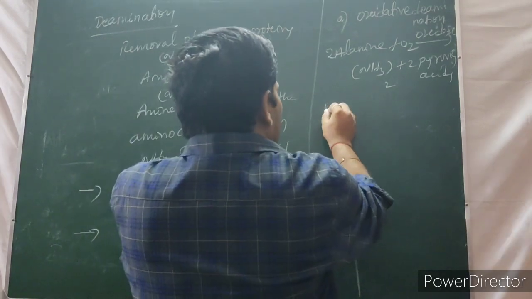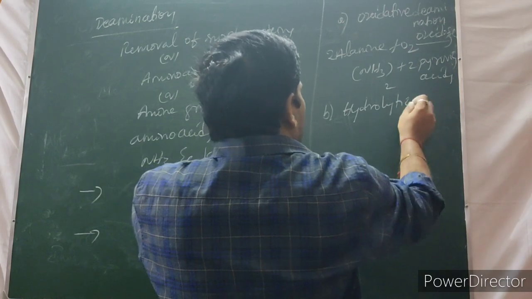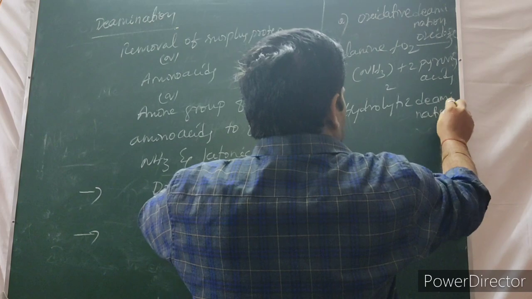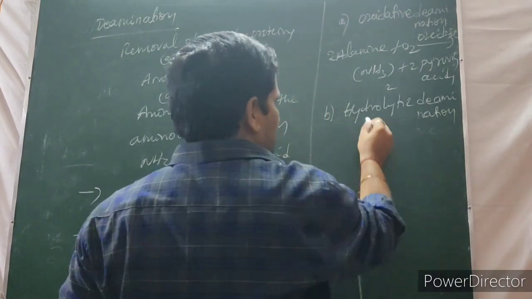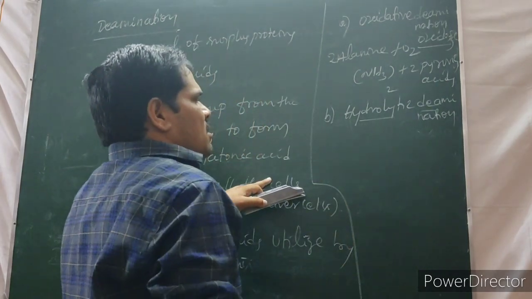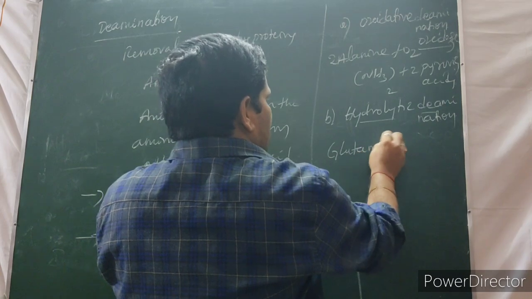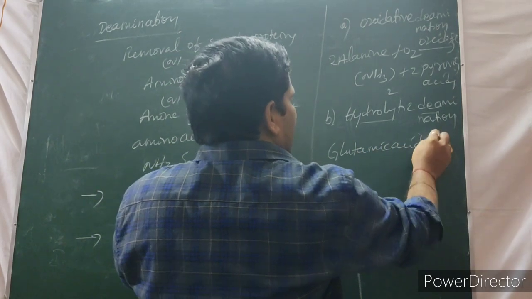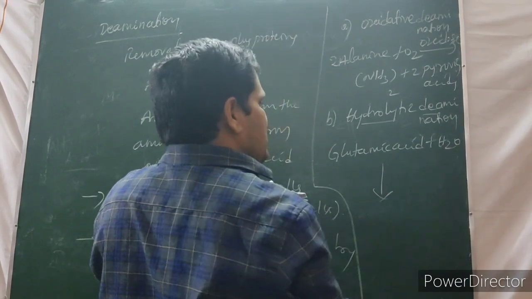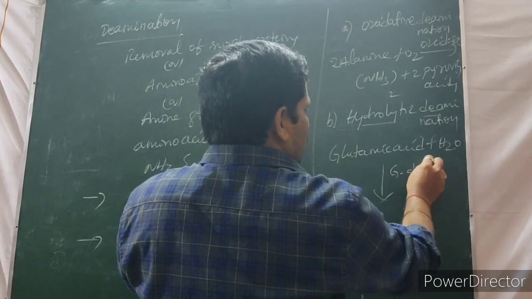The next one is hydrolytic deamination. What is hydrolytic deamination? Commonly, glutamic acid, an amino acid, is hydrolyzed with the help of water in the presence of the enzyme glutamic acid dehydrogenase.